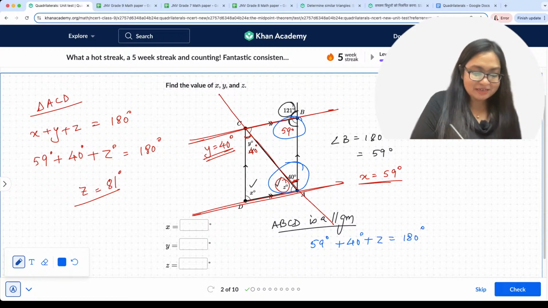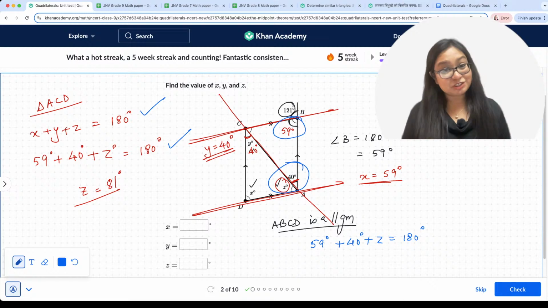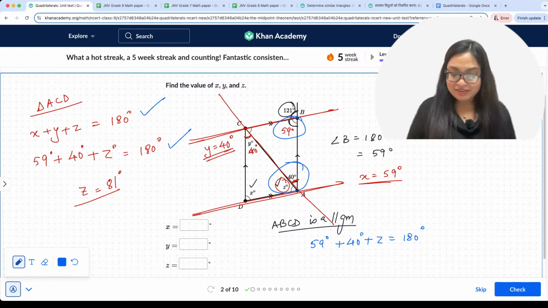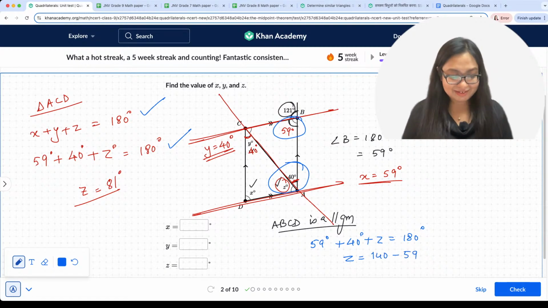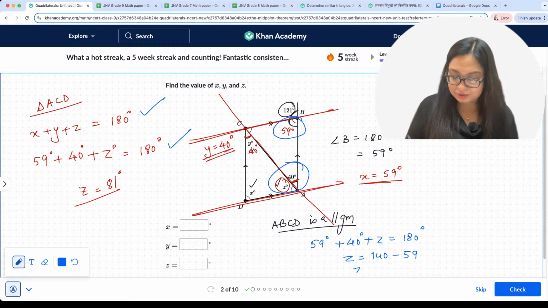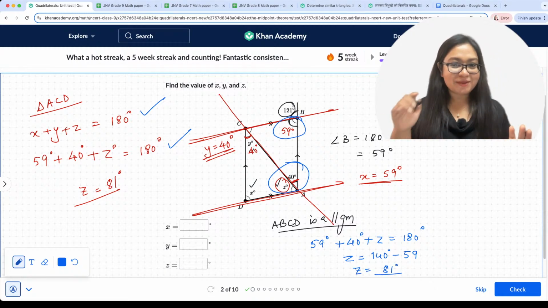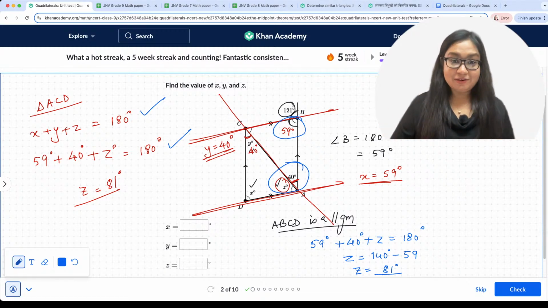See, we ended up at the exact same situation that we got earlier. यहां से भी Z की वैल्यू क्या आ जाएगी, 140 minus 59, right? That gives me Z is equal to 81 degrees again. Okay, I hope this is very very clear to you.